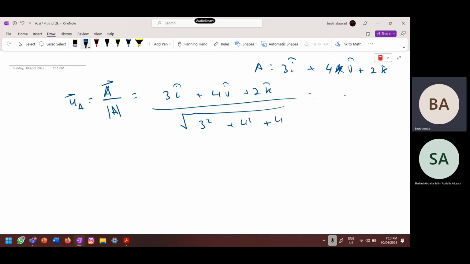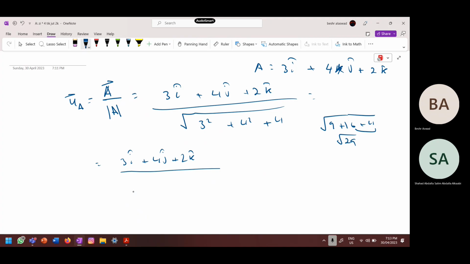This will give you 3i plus 4j plus 2k over 3 squared is 9 plus 16 plus 4. So it's going to be 29, the square root of 29.